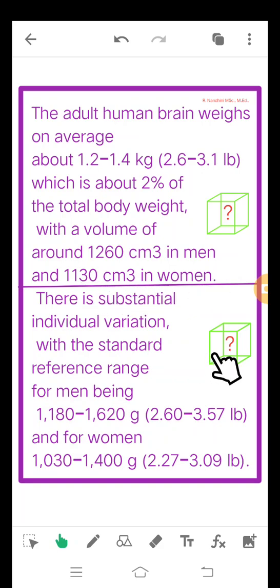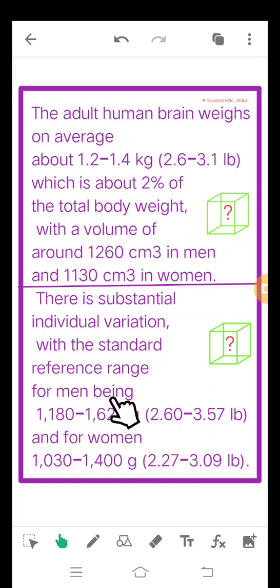Next, do you know the standard reference range for the human brain? There is substantial individual variation. This is men and this is women.